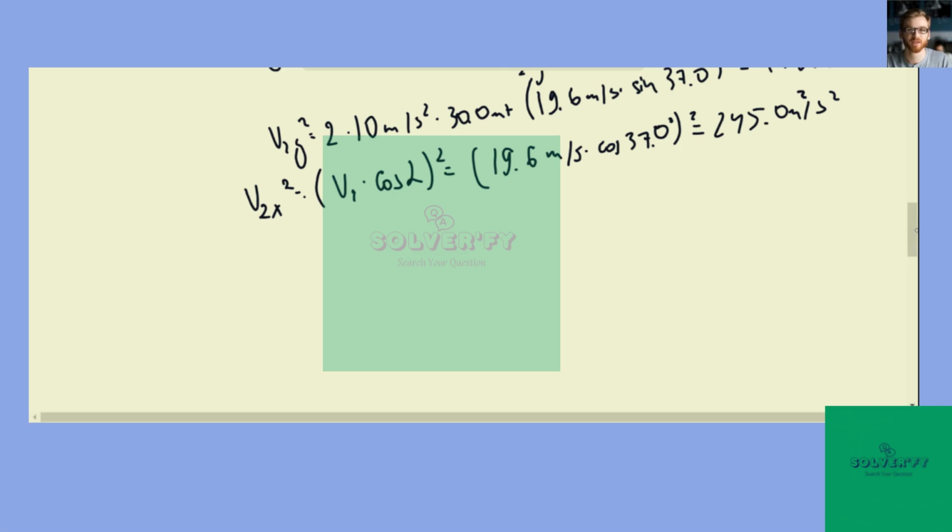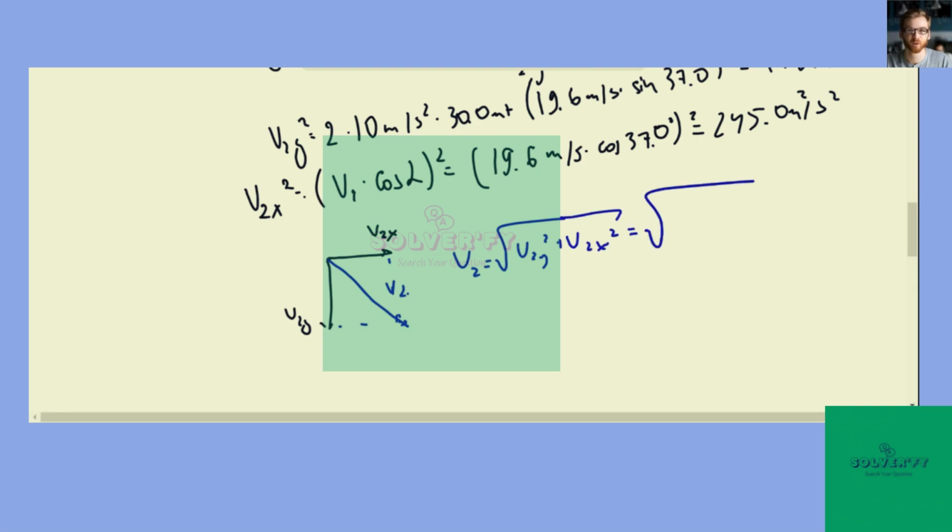Now let's look at this triangle formed by v2x and v2y. The velocity v2 is the hypotenuse of this right triangle, and v2 equals the square root of v2y squared plus v2x squared, which we've already found these components.